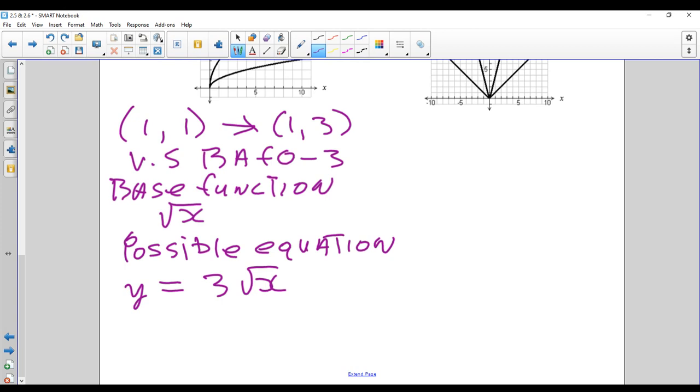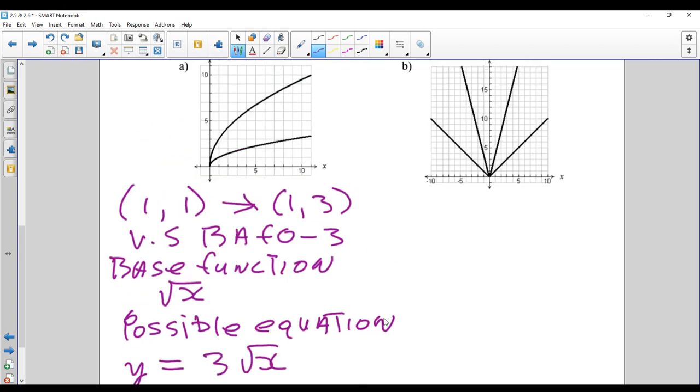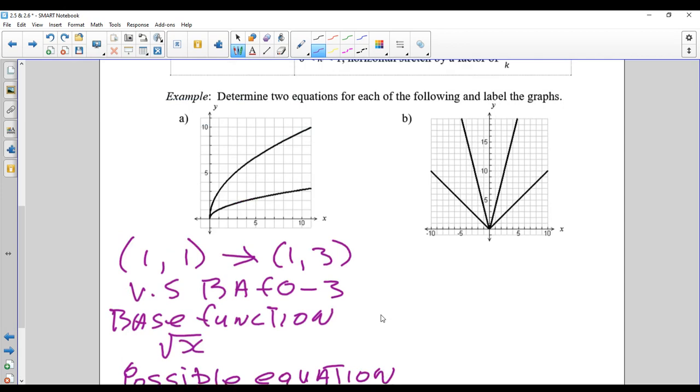Now, let's look again at the graph and ask ourselves, is there something else that could have happened here? Let me give you an idea of what I mean by something else that could have happened. I'm going to circle something here.